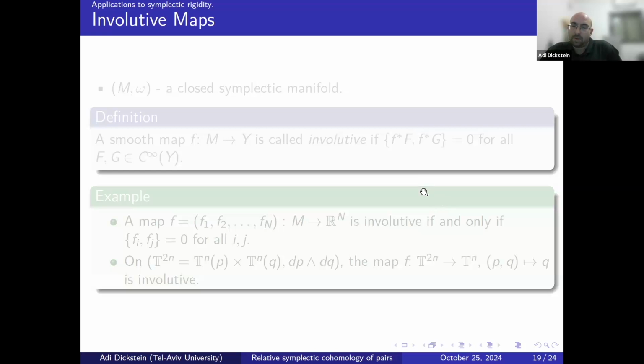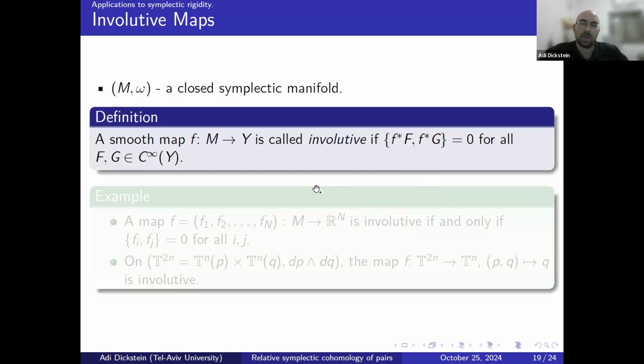Okay, another result of symplectic rigidity uses the notion of involutive maps. So what is an involutive map on a symplectic manifold? It is a map to a smooth manifold, for instance, so that for any two smooth functions on the target, the pullback gives us Poisson commuting functions.